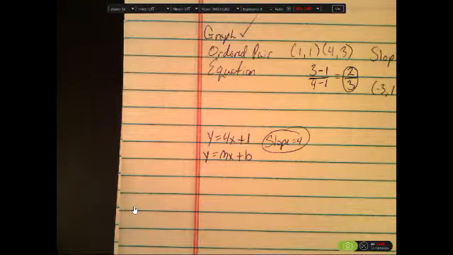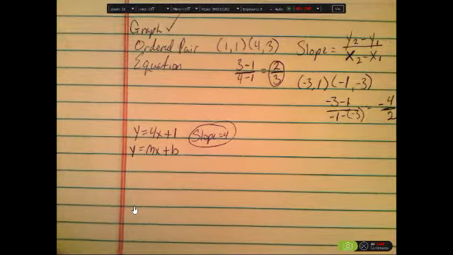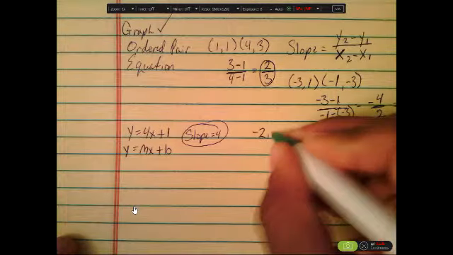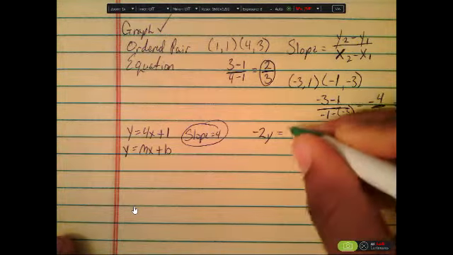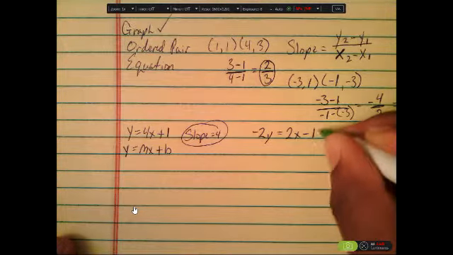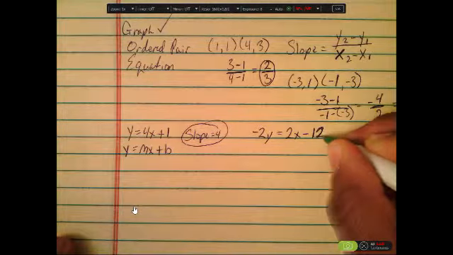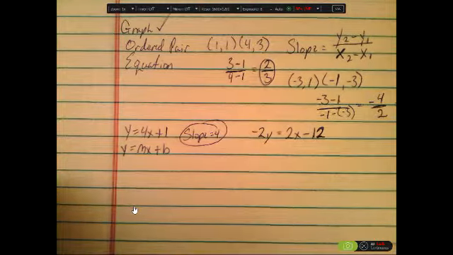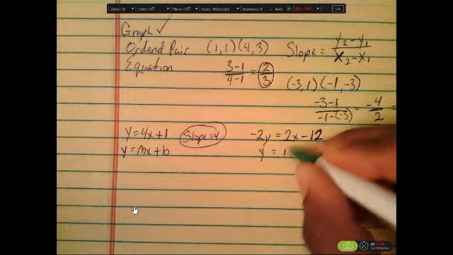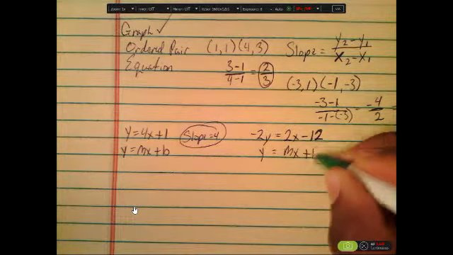Let's try one more. Sometimes we'll throw something just a tad more complicated at you. Let's see. Let's say -2y equals 2x minus 12. Okay. All right. Looking at that, let's see if it's in y-intercept form. y equals mx plus b.